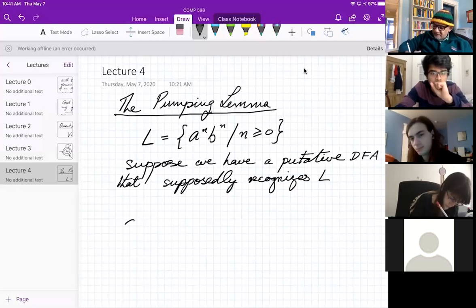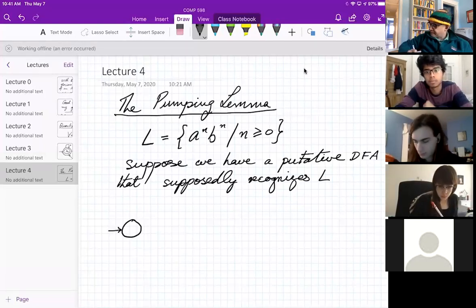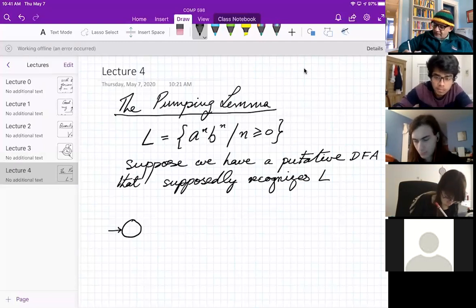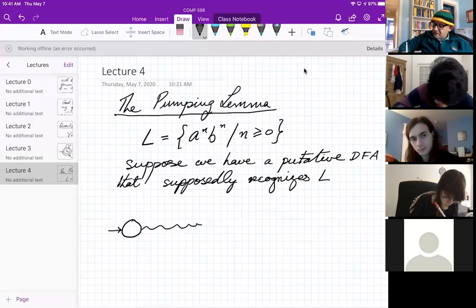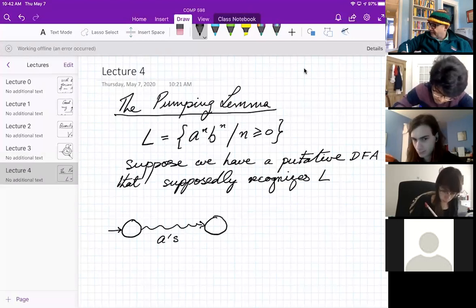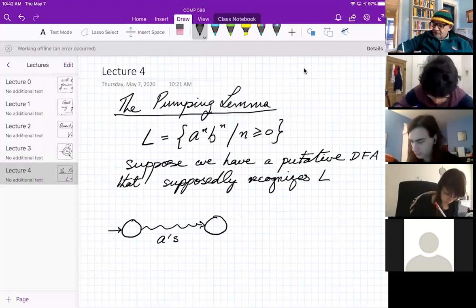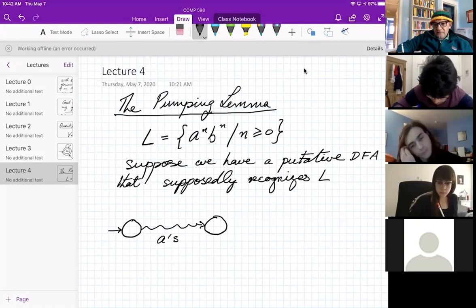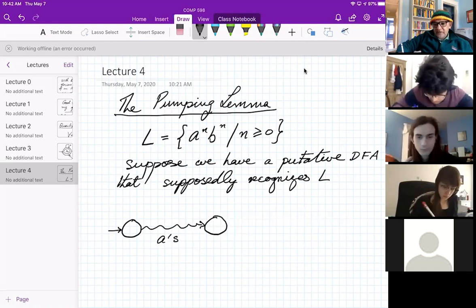There's some start state. It's supposed to be a DFA, so a unique start state. Then we wander through the machine reading a bunch of A's, and we reach some state. Now, if the string is long enough, since it's a finite state machine, it has some number of states, maybe a big number, but no matter how big it is, I can choose an even much longer string.